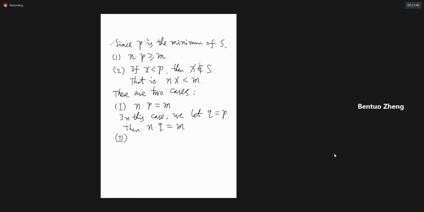So the second case is N times P is strictly greater than M. So the equality for property one doesn't hold.